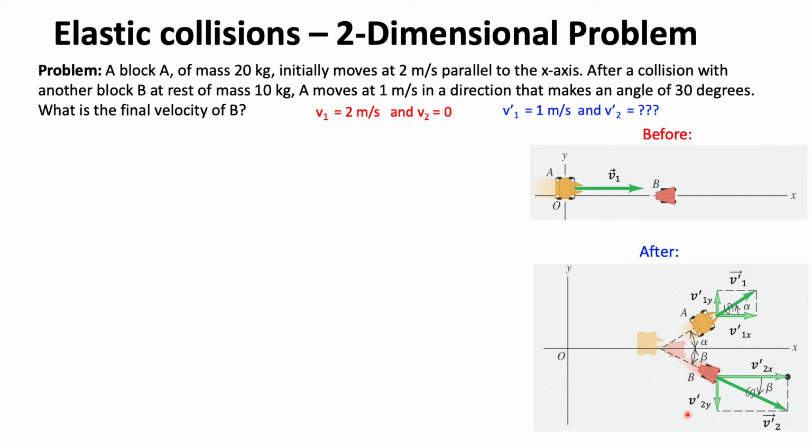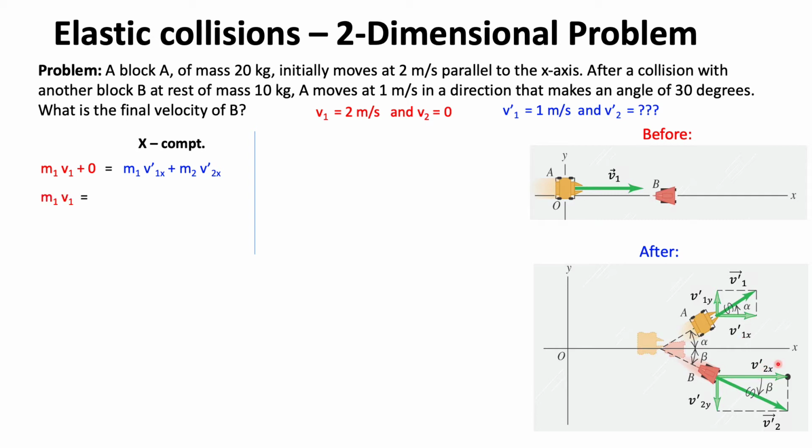Let's see how we do this. The x component is m1 v1 plus 0 before collision. m1 v1 corresponding to A, and v2 is 0. And after collision, we have m1 v1x prime, that's along the x-axis, plus m2 v2x prime.